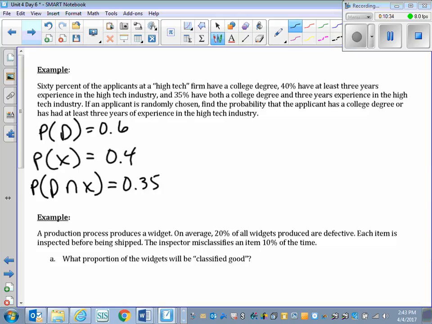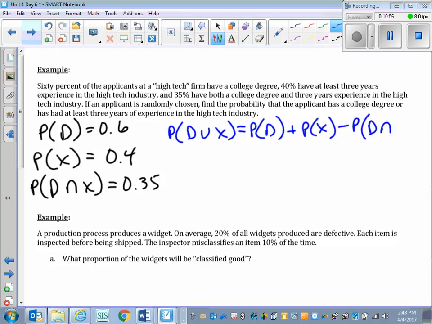So if we're going to find the probability that the person has a degree or 3 years of experience, again, we can use the addition rule. So the probability of having a degree or experience is equal to the probability of the degree plus the probability of experience minus the probability of the degree and experience.